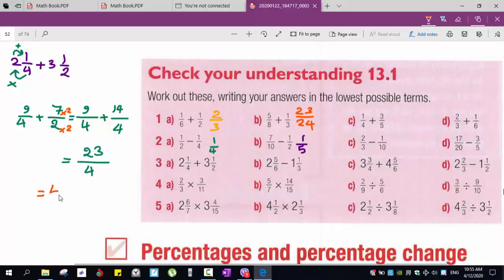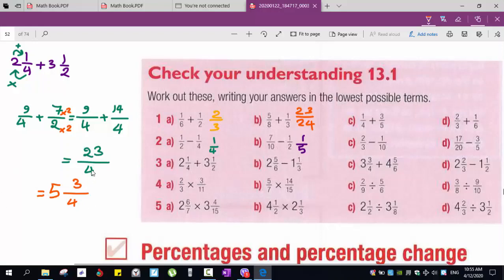It's 5. So what's remaining if we take out 5 4s from 23? 5 times 4 is 20, so what's remaining is 3, and the denominator never changes.